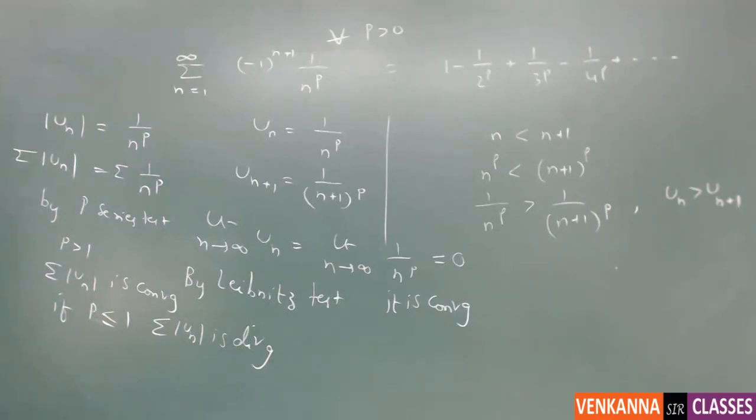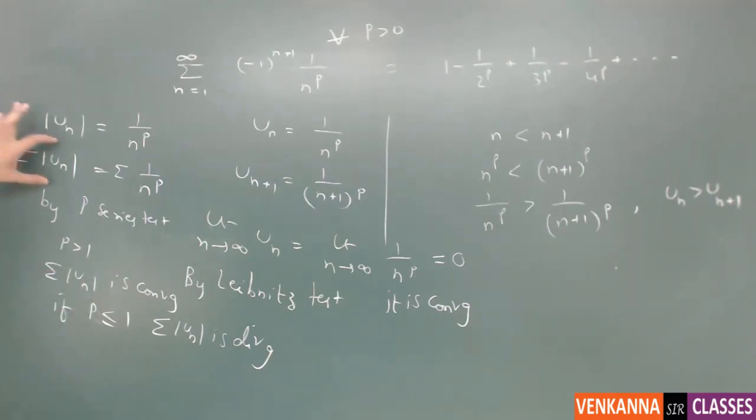Now see the difference. If you consider the alternating series, the series with plus minus symbols, then it is becoming convergent by means of Leibniz test, whatever the p value you take. But if you consider the modulus for the absolute convergence, by p series test, it is becoming convergent whenever p is bigger than 1, otherwise it is divergent.